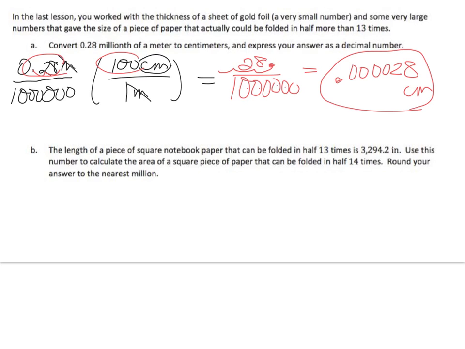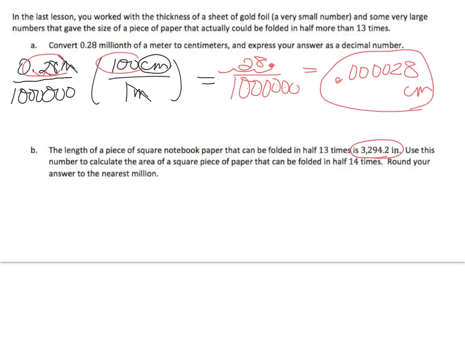The length of a piece of square notebook paper that can be folded in half 13 times is 3,294.2 inches. Use this number to calculate the area of a square piece of paper that can be folded in half 14 times. Round your answer to the nearest million.